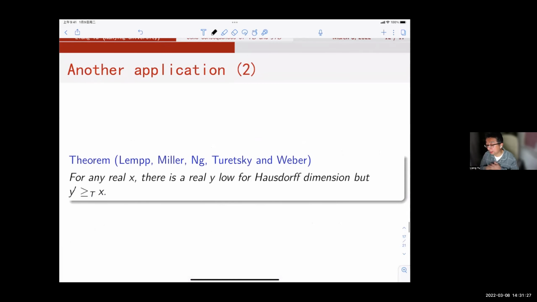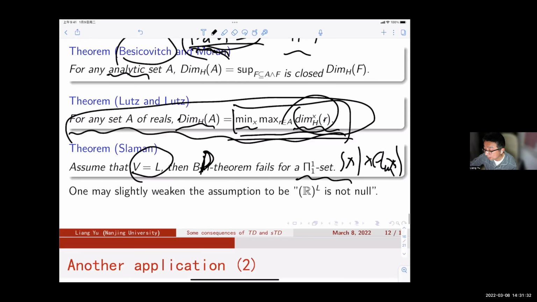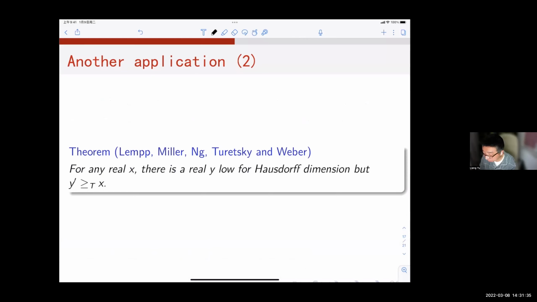Now let's look at this result further, using a very recent result proved by Madison and Slaman: low for Hausdorff dimension. For any real X, there's a real Y, low for effective Hausdorff dimension, such that the jump of Y is above X. That means the Turing jump of a real low for effective Hausdorff dimension can be arbitrarily high.